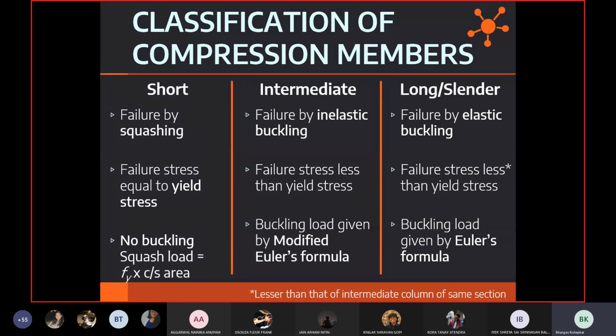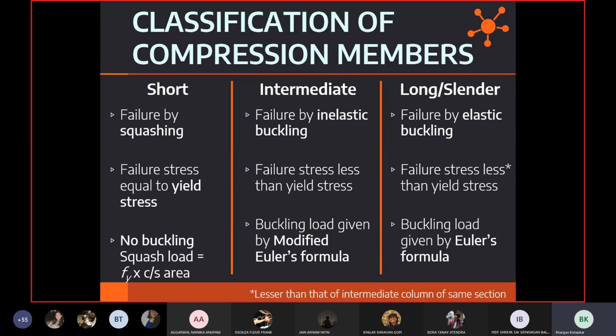Okay. So let me put it in very simple words and tell me if you understand after that. In short columns, the entire section yields at failure. In long or slender columns, no portion of the cross section yields at failure.